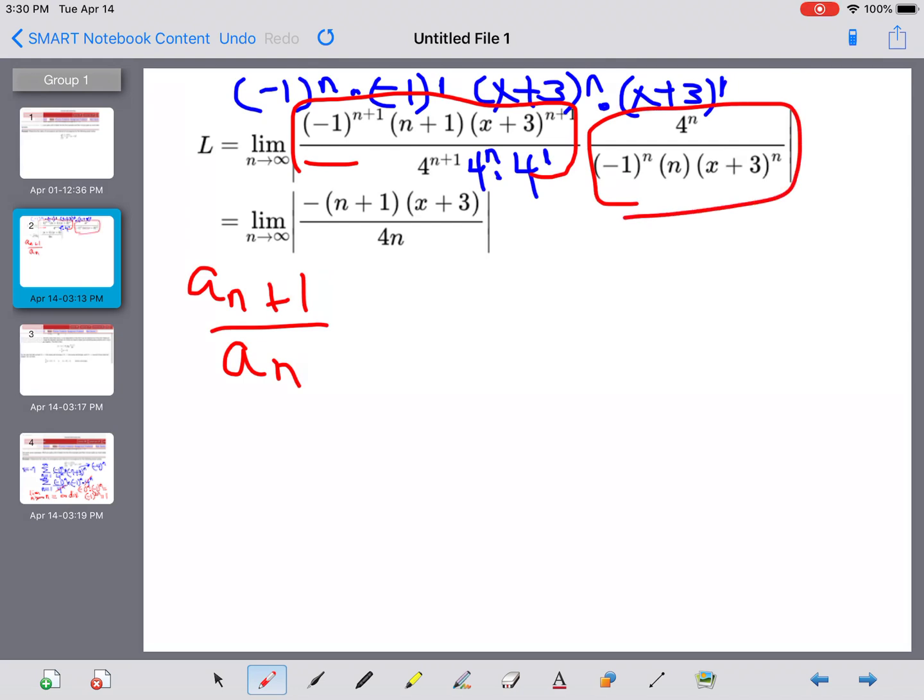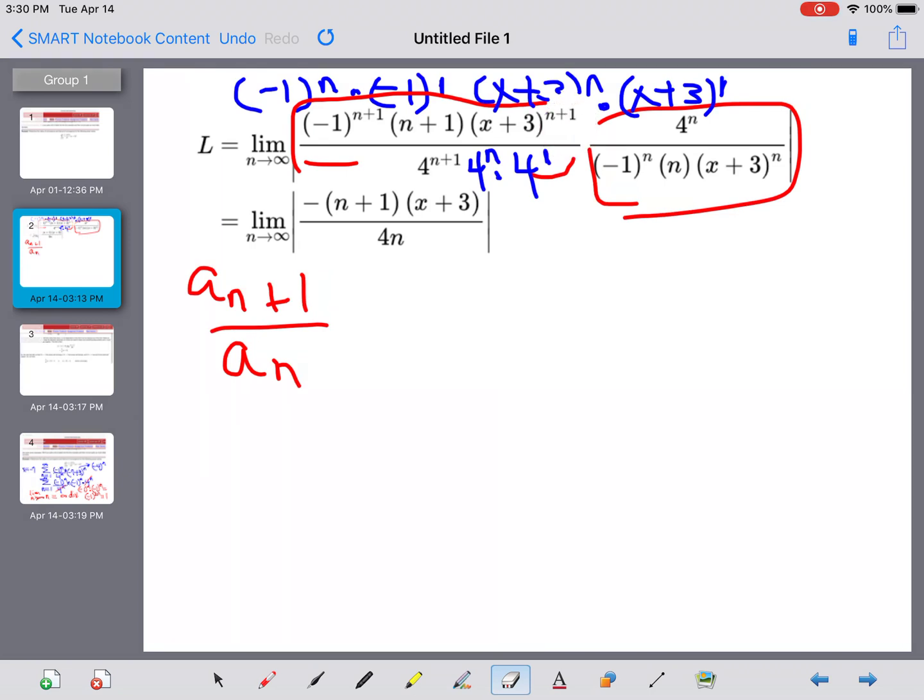Now, a few things to note. (-1) raised to the n plus 1 power can be broken down as (-1) to the nth power times (-1) to the first power. And the same is true right here. Sorry, it's kind of hidden.